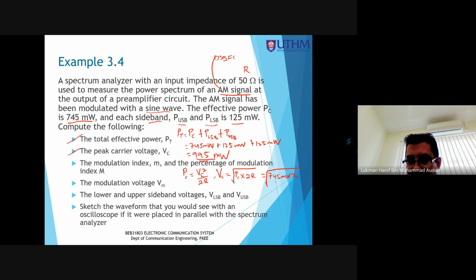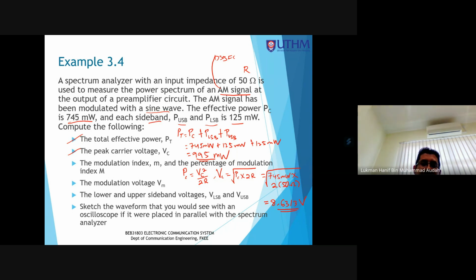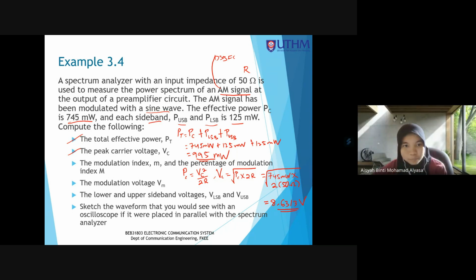So I will do it like this: 2 times 50 ohm. So 745 milli times 100, and then square root of the answer. So you're going to get 8.6313 volt. Can you get the same answer? Yes, Doctor. Okay.